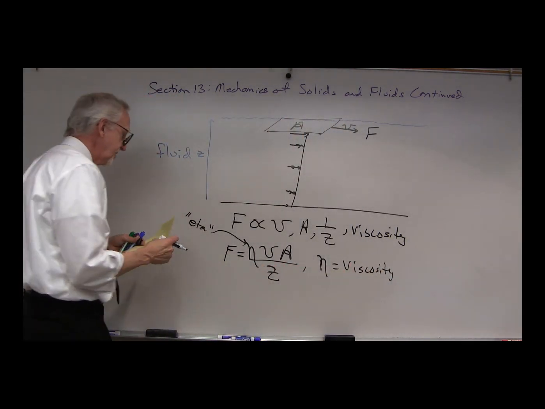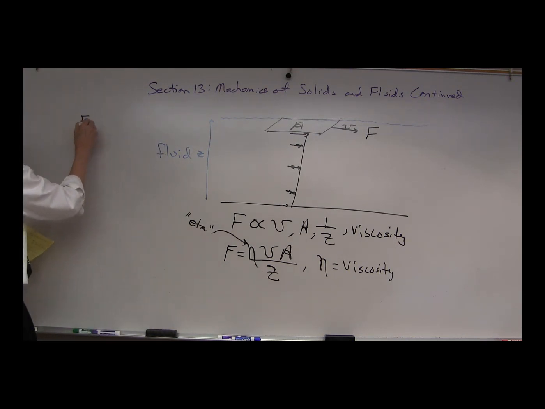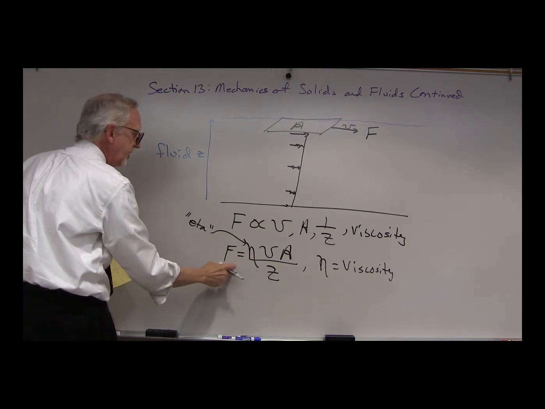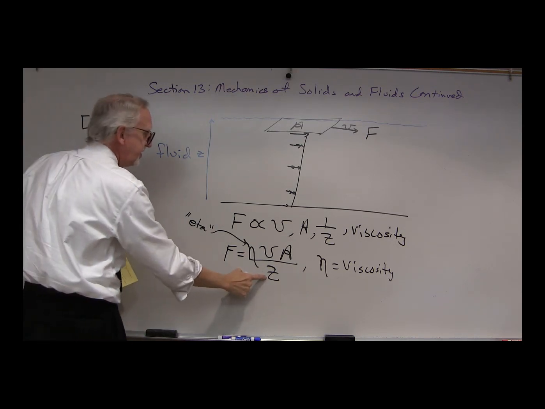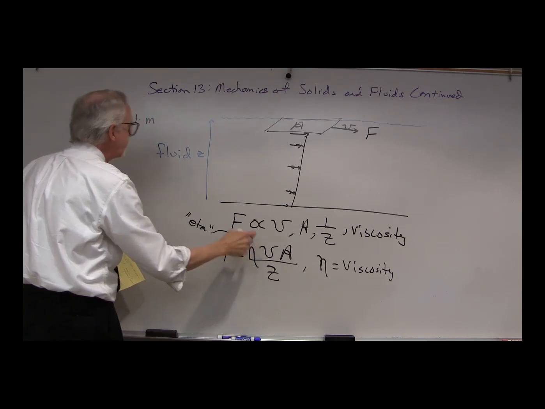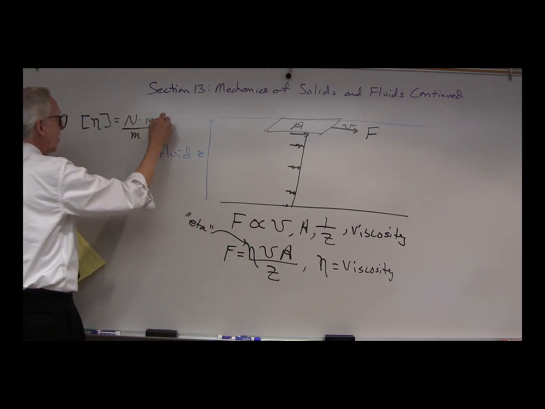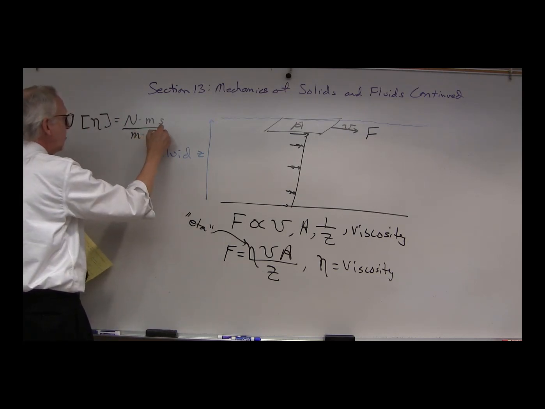So what are the units of eta going to be? Let's see if I can fit it in over here. The units of eta will be, inverting this, the units of force, which will be newtons, the units of z, a distance, which will be meters, divided by units of velocity, which will be meters per second, divided by units of area, which will be meters squared.